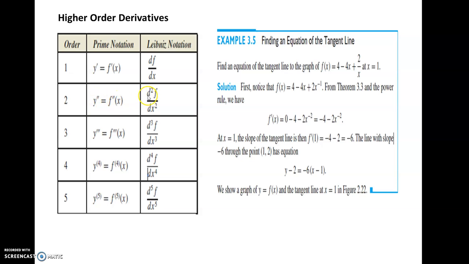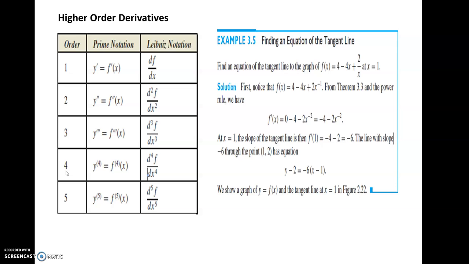Or we write d squared f by dx squared, not df squared. Remember, d squared f, no power for f. The power of f is always 1. So d squared f by dx squared means d squared y by dx squared. Similarly, for the third order derivative, we write y triple prime, f triple prime, so d cubed f by dx cubed or d cubed y by dx cubed.